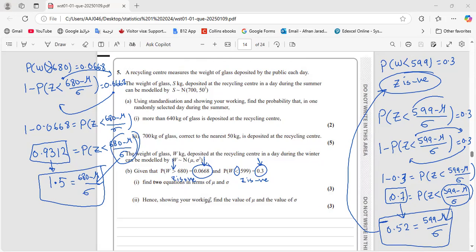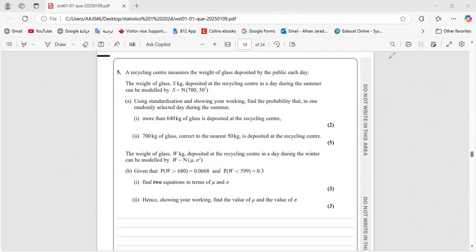Hence, showing your working, find the value of mu and the value of sigma. Okay, you have now two equations.